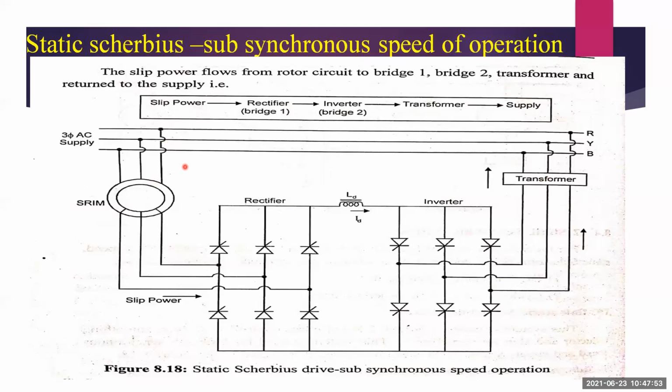The slip power flows from the rotor circuit to bridge one, then to inverter bridge two, then through the transformer and back to the supply, in this direction. The power is fed back to the supply, the same as in the Kramer drive system.